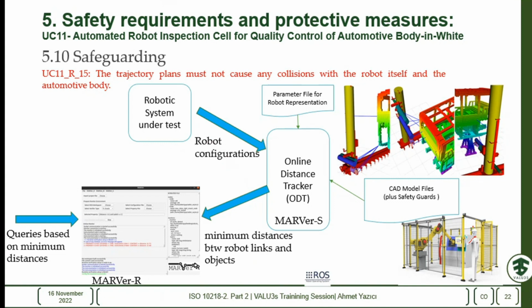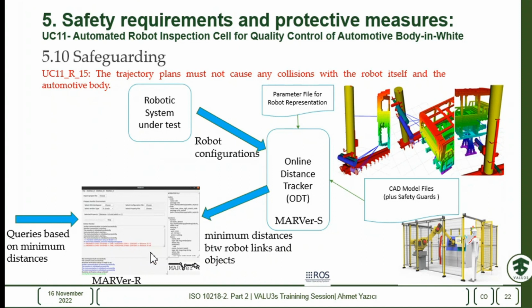During task execution by the robot, ODT provides the minimum distance between robot links and the safety guard equipment, including the automotive body in white. Marver R checks the minimum distance to the safety guards and determines whether they are properly placed or whether there is a possibility of collision.